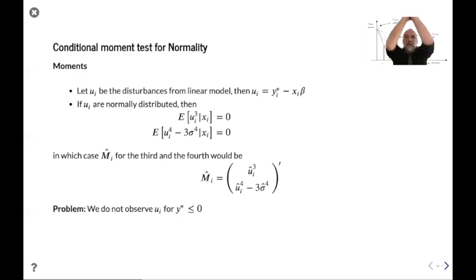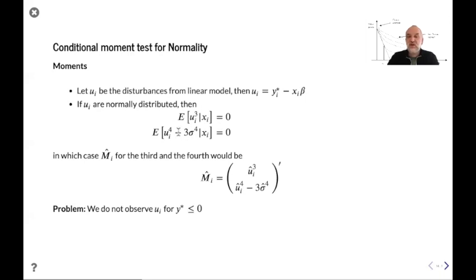Is it very peaked like this, or how are the tails looking? That is also implied. Once you assume the normal distribution, with mean 0 and constant variance sigma squared, you can calculate what the skewness is. It's going to be 0. That's always the case for a normal distribution.